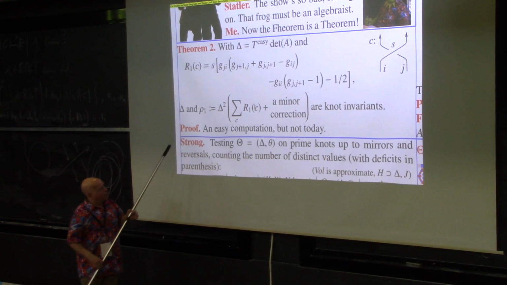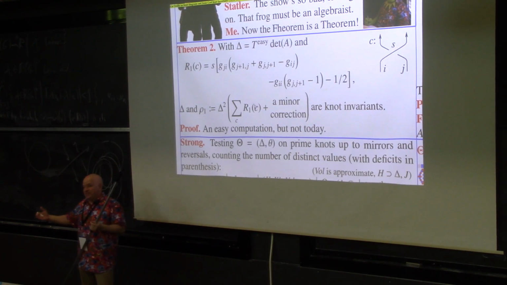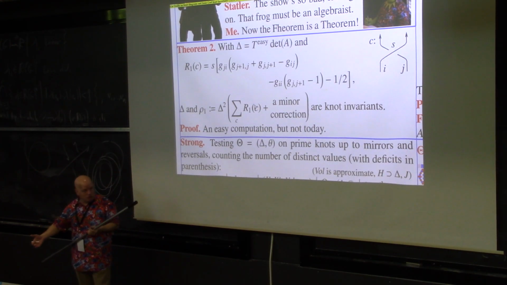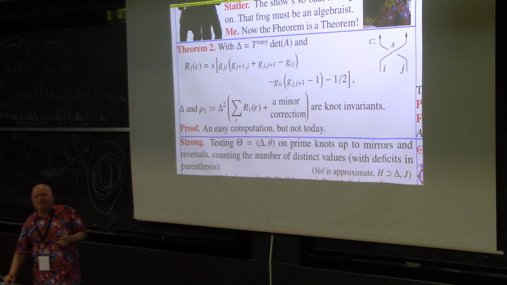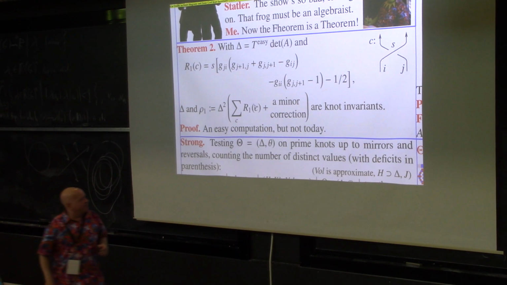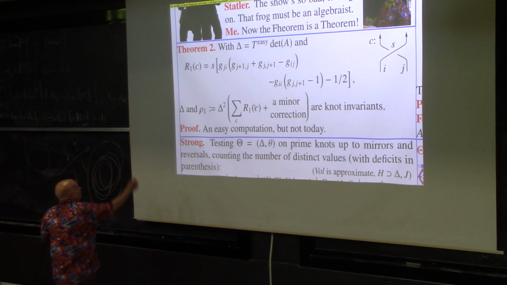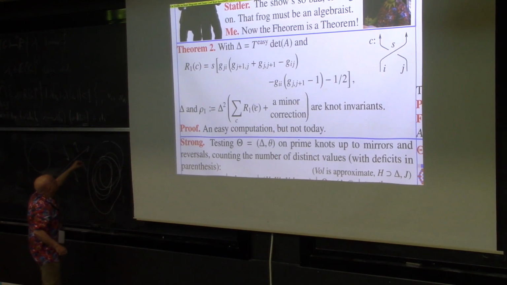What is the proof? So again, I have limited time. I'm not going to show you the proof. I'm also only going to tell you that it's relatively easy. Basically, how is rho 1 defined?